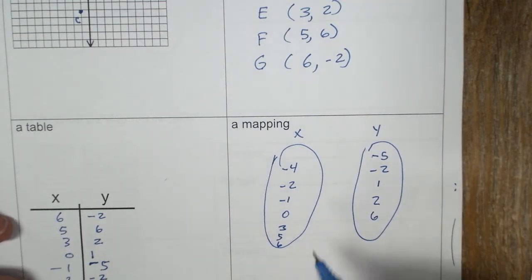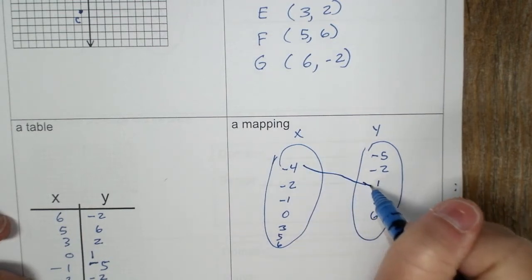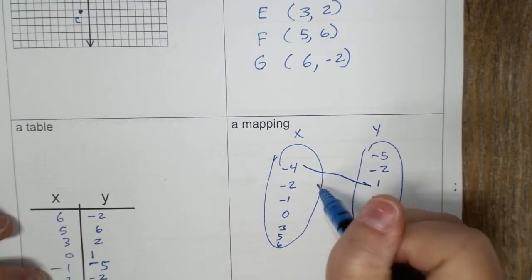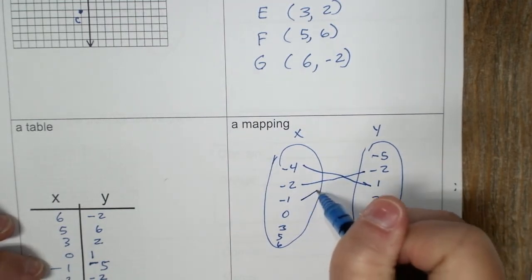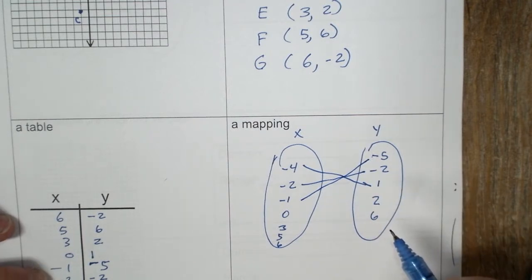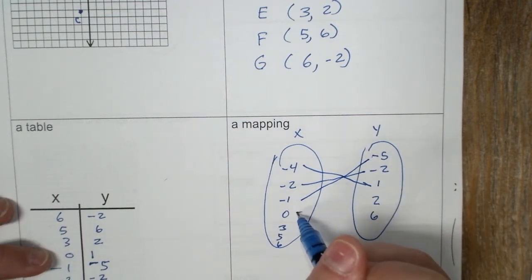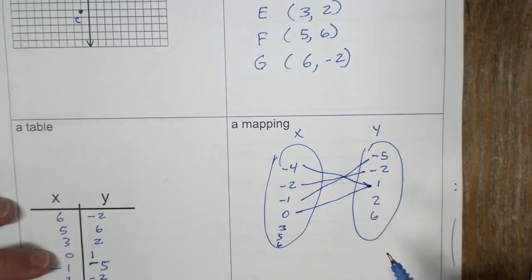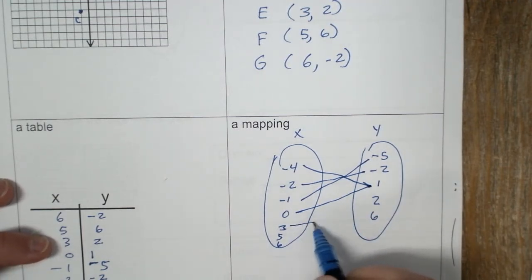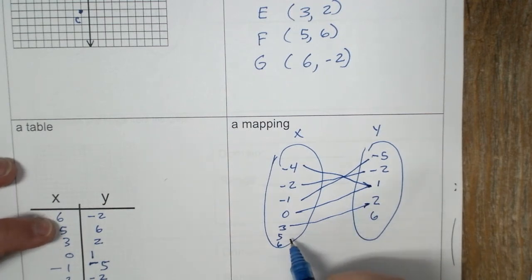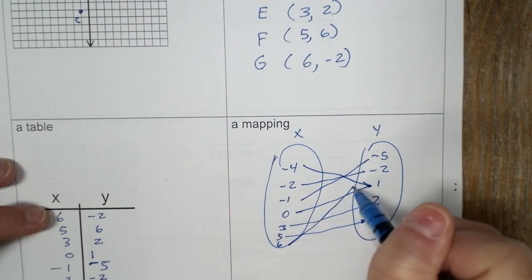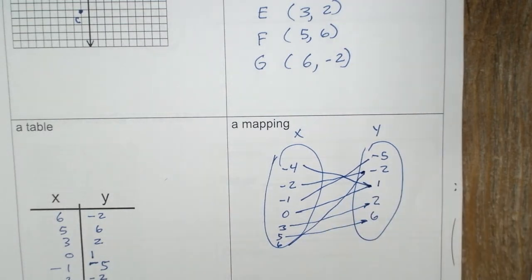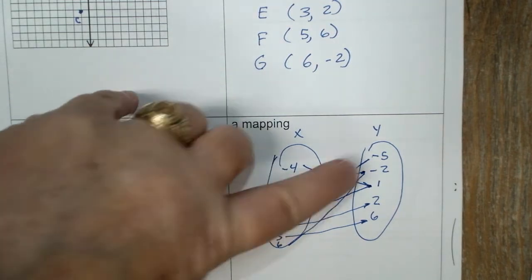And -4 went to 1. -2 went to -2. -1 went to -5. 0 went to 1. 3 went to 2. 5 went to 6. And 6 went to -2. If duplicate values show up, you do not have to write the duplicate values along the bubble.